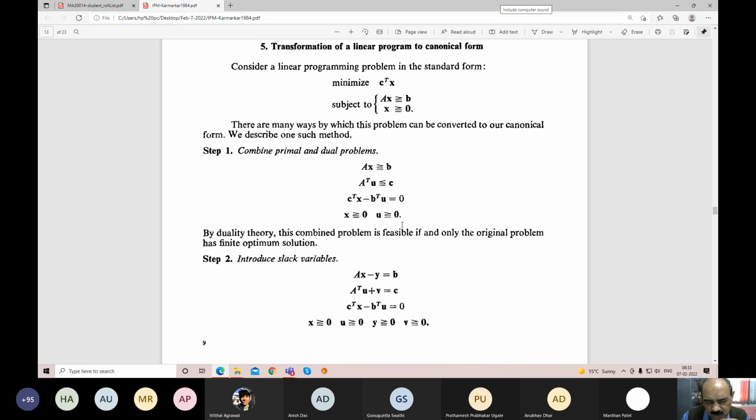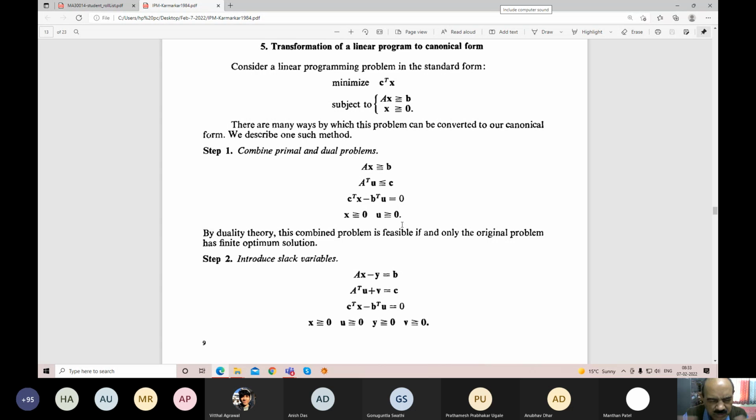Primal is X, U is the dual, because we usually write X and Y. These gentlemen are writing X and U. I told you X is primal, let us say male, and Y is female. Sometimes X is dominating Y, meaning more members are there; sometimes the other has more.